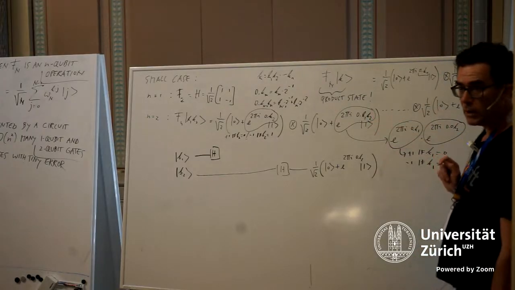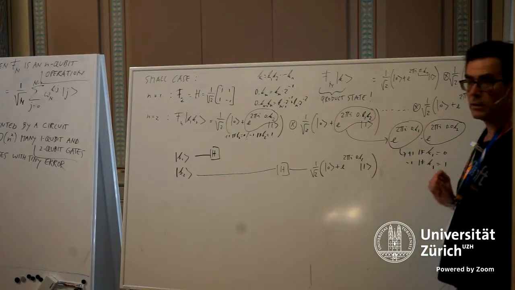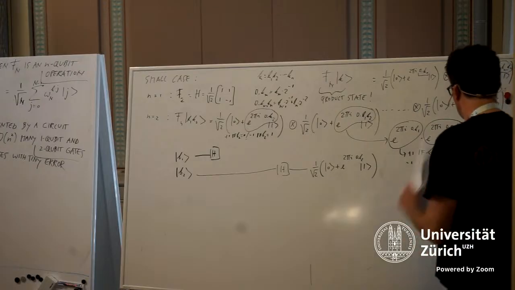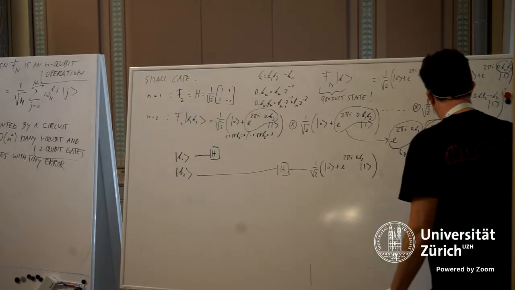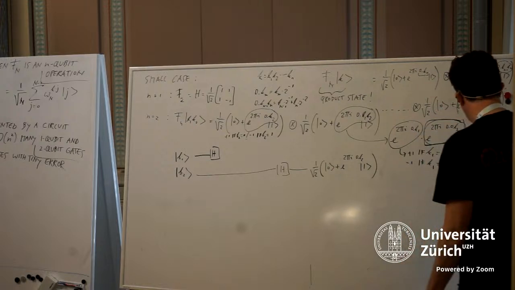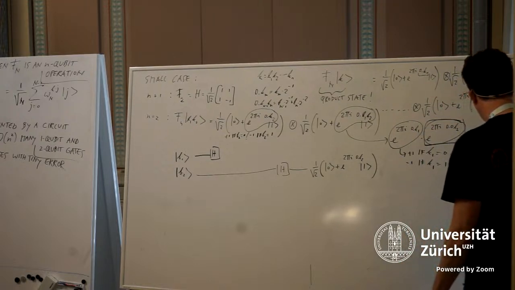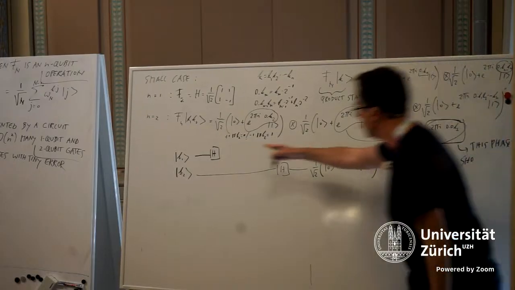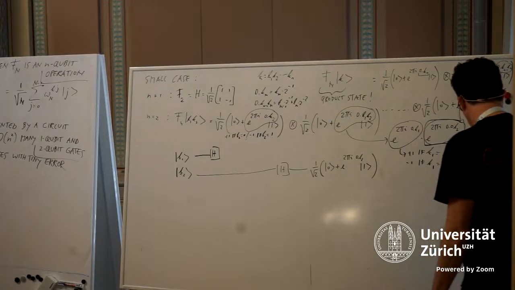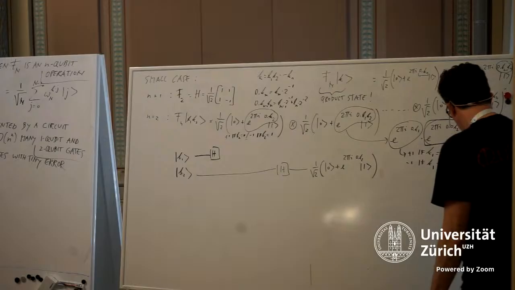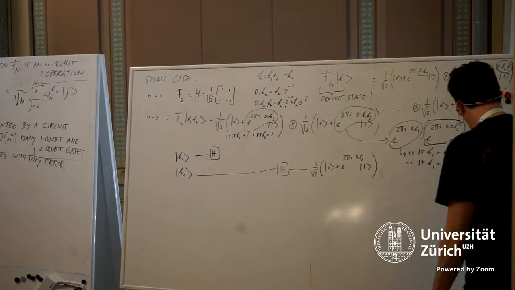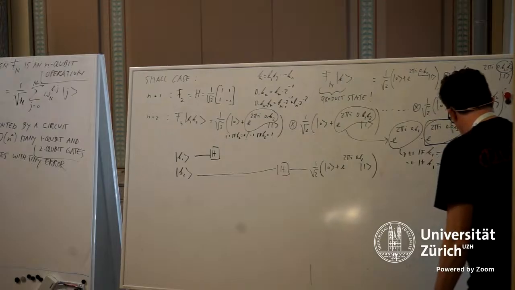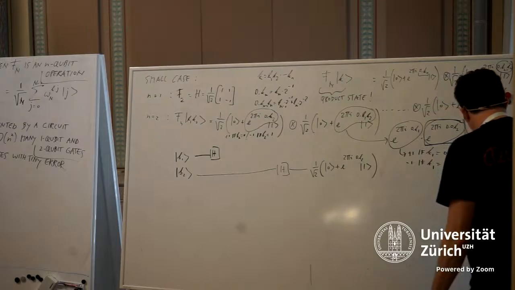And now we need to do an additional correction depending on K2. So this phase should be applied to the first qubit if K2 is 1.